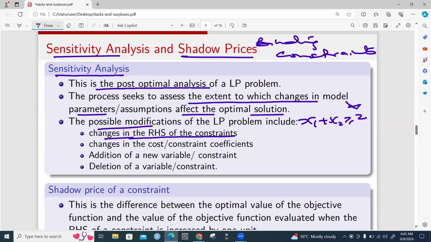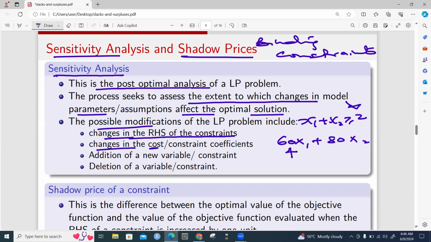So whenever you're asking what if I modify this, I do this to the problem, then we are carrying out sensitivity analysis. What if we change the cost coefficients? These are usually the coefficients of the objective function, like for the previous example, 60x1 plus 80x2.